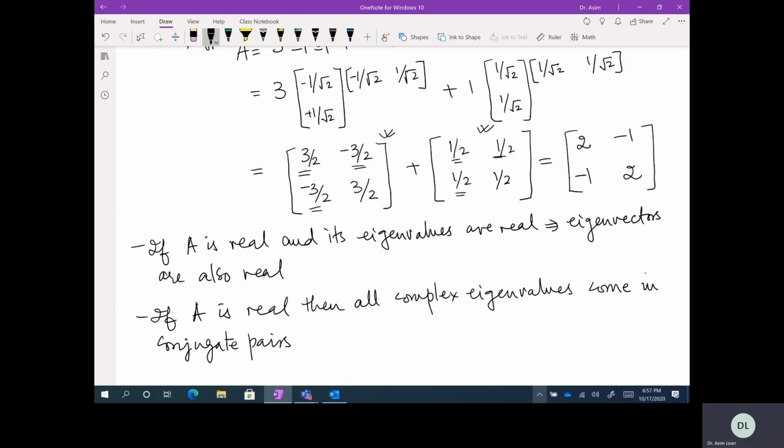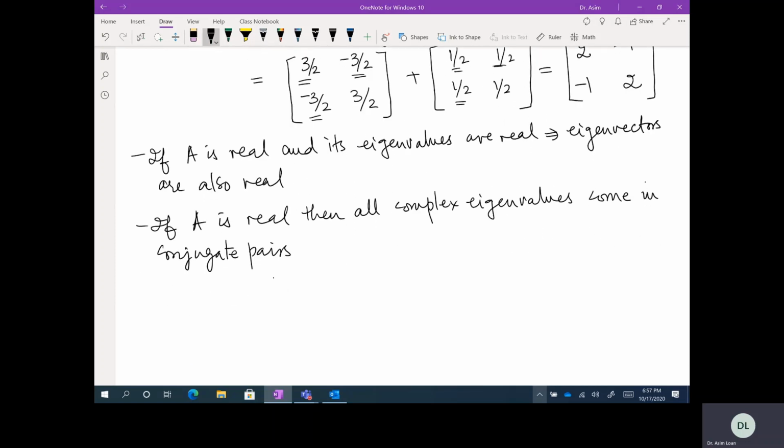And what is the proof? So proof is, if Ax equals lambda x, then A x conjugate equals lambda bar, or lambda bar is the same as lambda conjugate, into x conjugate.